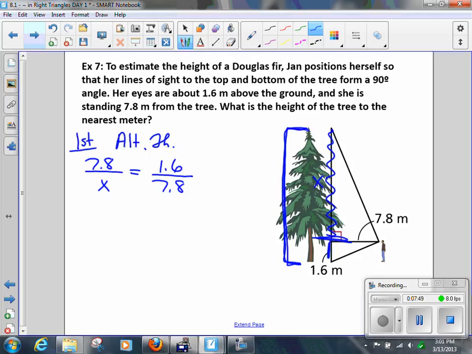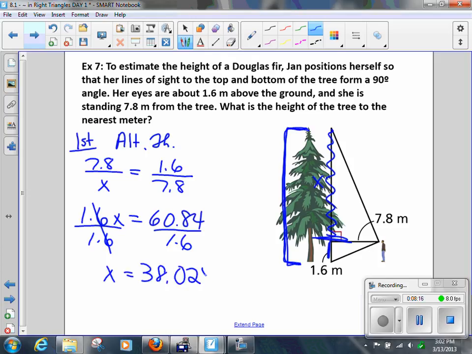Now, you got to blow your calculator up for me, okay? I know it's going to be 1.6x is equal to 60.84. Now I'll divide by 1.6. How much is it? 38.025.